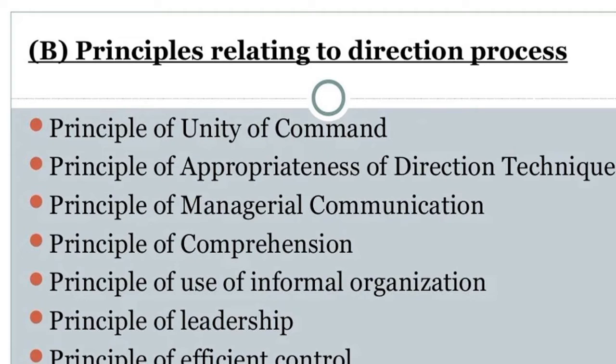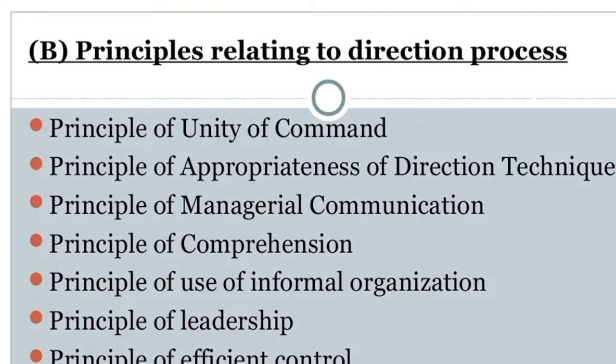Then the appropriateness of direction technique. Many people are there. Somebody you have to tell openly, somebody you have to call to your chamber and give the work, and somebody you cannot guide in a proper manner, so you have to identify the techniques of direction to execute the process.